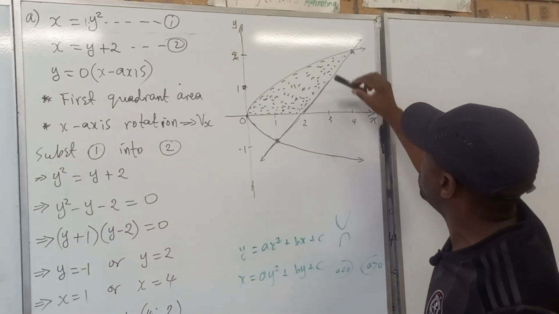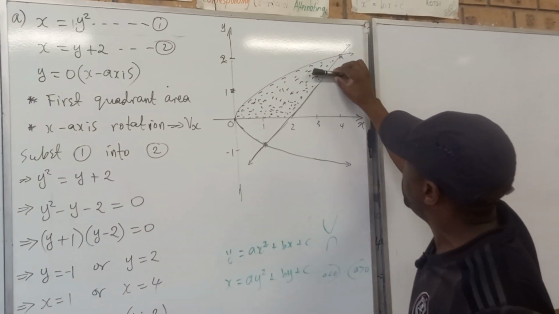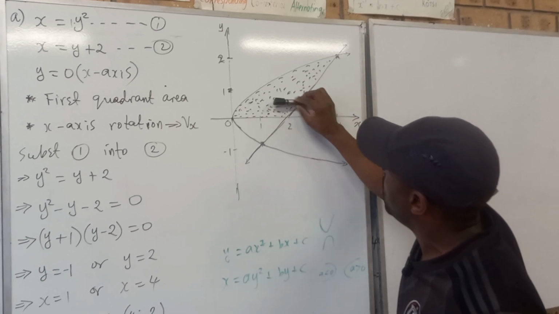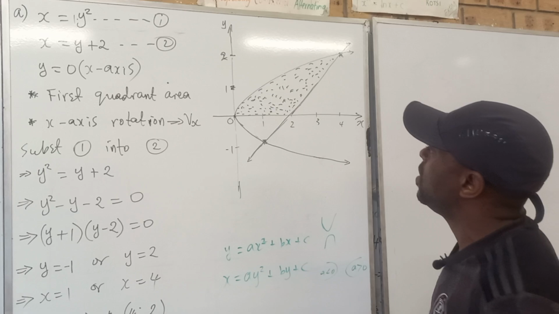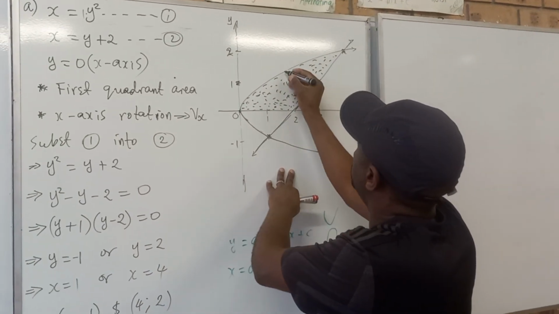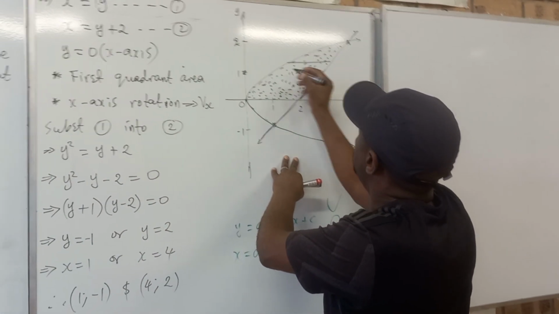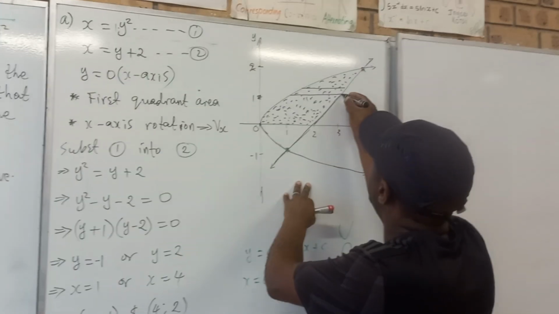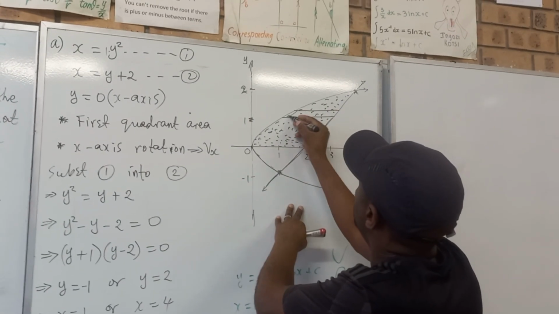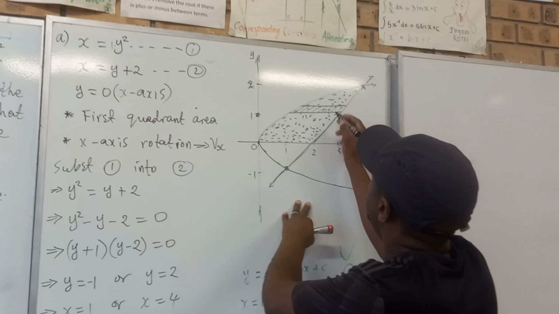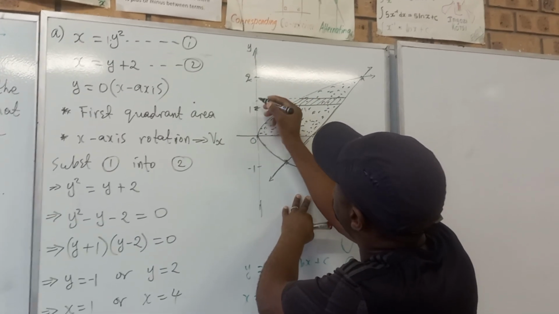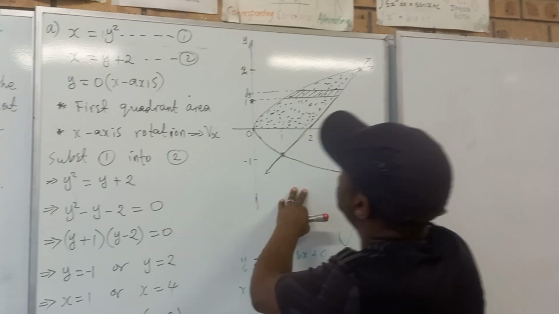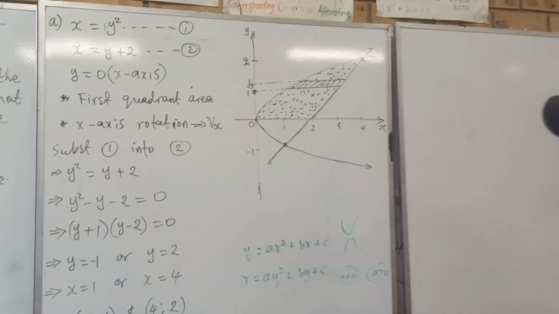But if I go for a horizontal strip, whether I put it up there, or I go down to the center, or I go to the bottom, I keep on touching the same 2 graphs. So this makes a horizontal strip a perfect strip for my diagram. I'll put it anywhere I want in this shaded portion. If I extend it, it touches the y-axis, reminding me that all the formulas I'm using must end with dy.